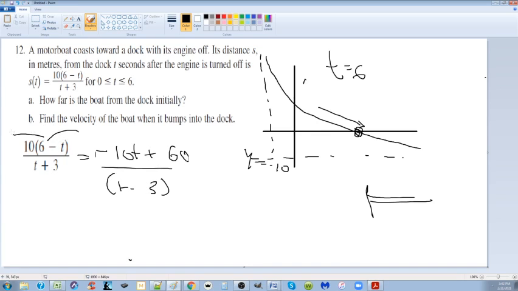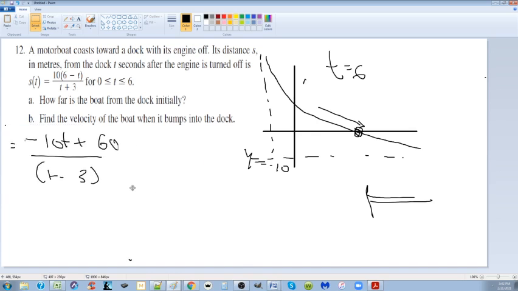I can factor out a 10 as a constant and just use this as the derivative. Make this my f of x and make this my g of x. But this time, because we did that last time, let's do it like this, and you'll see that it works either way. One makes calculations easy when you keep the 10 out of it, one makes calculations harder. So I'm going to use this as my main equation.